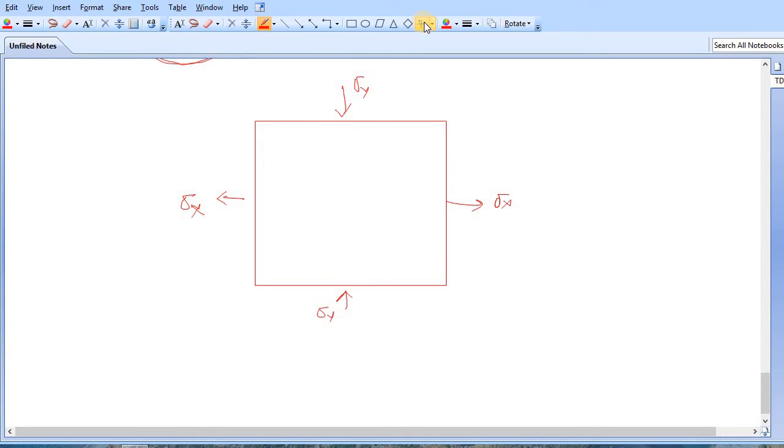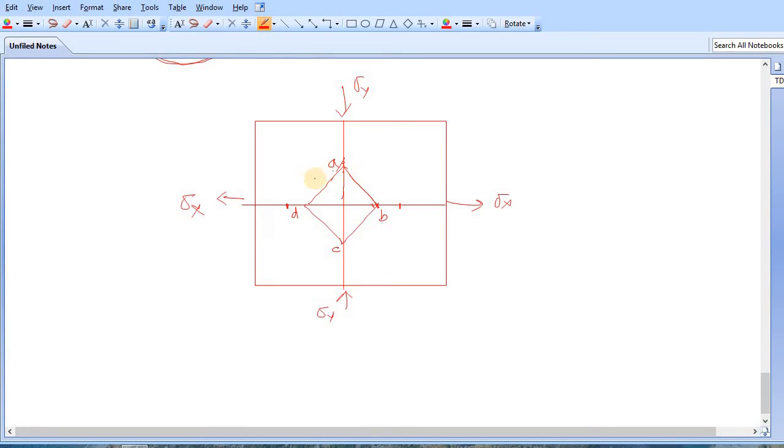And let's say this was your axis. The overall axis in this body was like this, and we have considered a body like this which is under pure shear. Okay, this body is under your pure shear. Let's name it A, B, C, D.